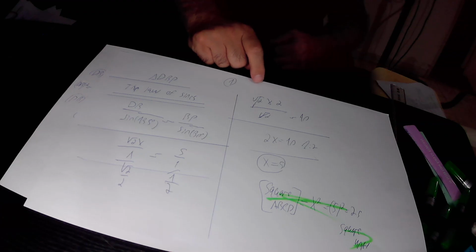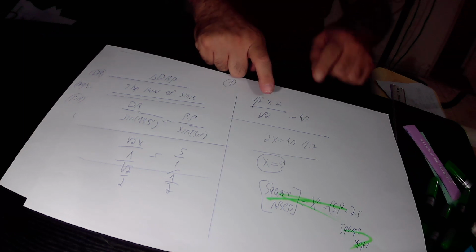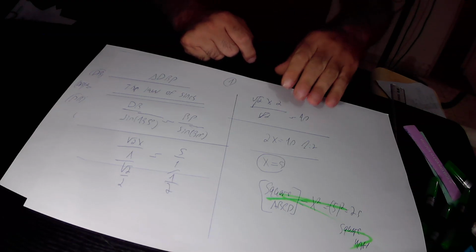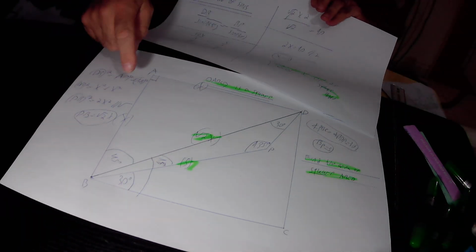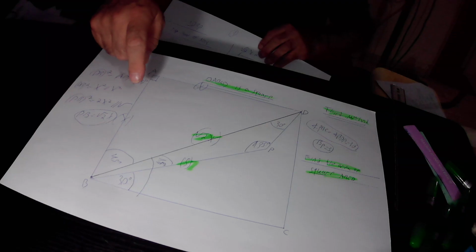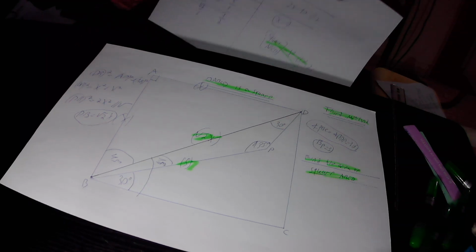Square root of 2 in the numerator and denominator cancels, so on this side of the equation we are left with 2x equals 10. Here we divide the equation by 2 and find that x, the side length of square ABCD, equals 10 over 2, that is 5. So the side length of square ABCD equals 5 units.